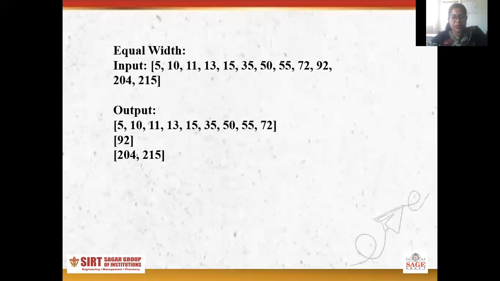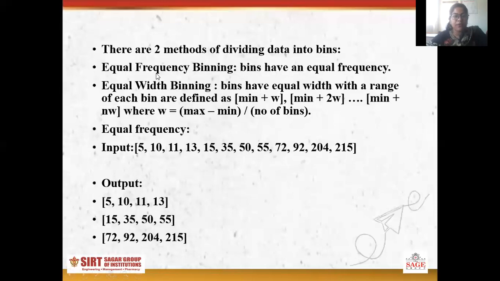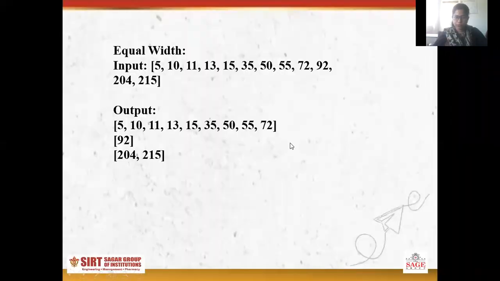Sorry, that is for the equal width bin. So for equal width here, we have been given the input 5, 10, 11, 13, 15, 35, 50, 55, 72, 92, 204, 215.